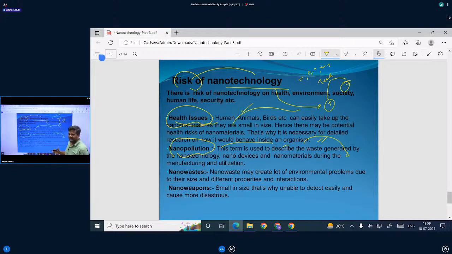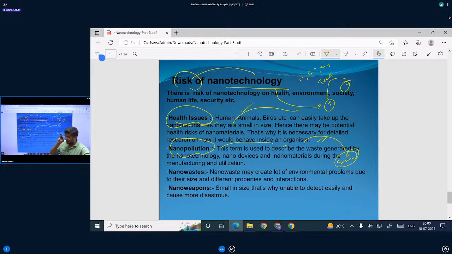They need special technology and special guidelines. If they come into contact with the open environment, or if they spread without any guidelines, then it will create nano pollution. Okay.